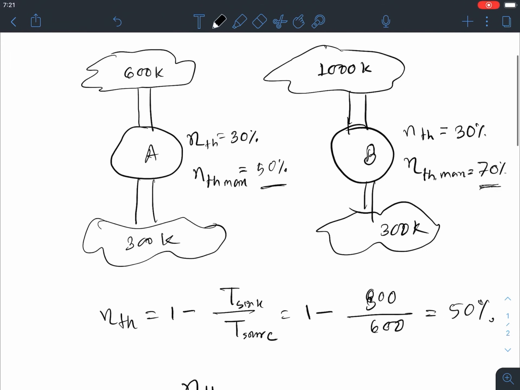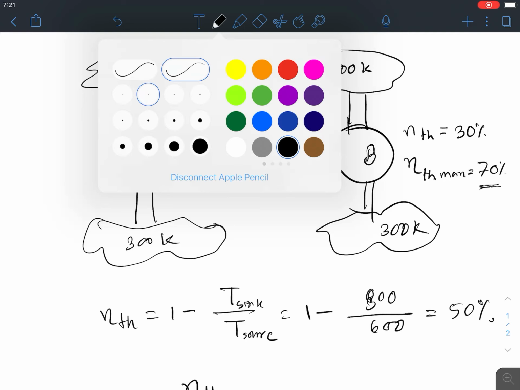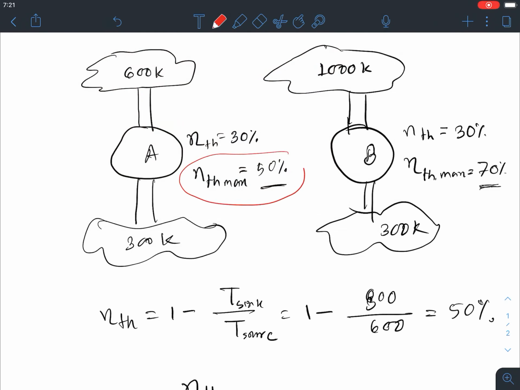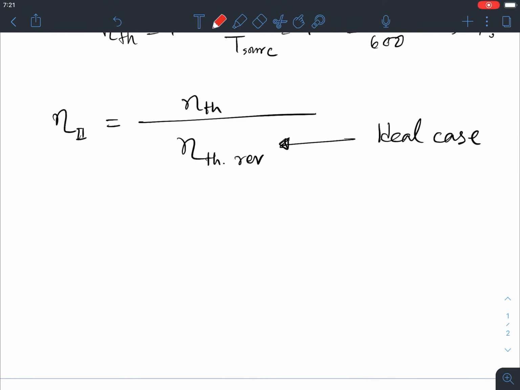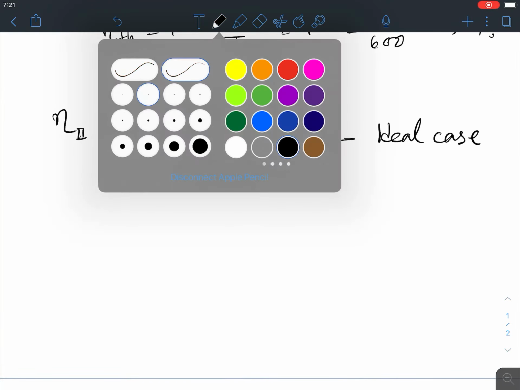second law efficiency. Now for the second law efficiency, you can see that this maximum thermal efficiency of 50% here, and this one, 70%, are misleading. How? Let me show you.